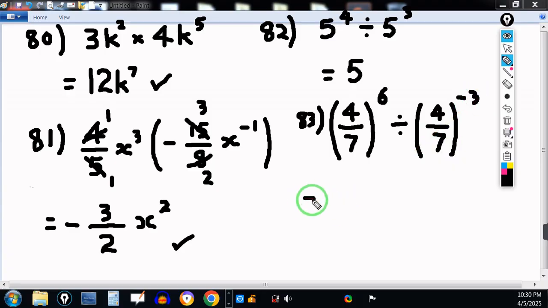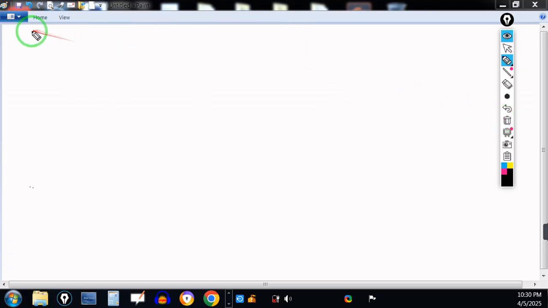So the powers have to be taken care of. So we take care of the base, which is 4 over 7. So the powers, you show the working. Well, I'm jumping, yeah, I'm jumping. You show the working that it is 6 minus minus 3, which will be 9. So I'm jumping straight away like that. And that is the answer. 83, remember that. Now we are going on to 84.